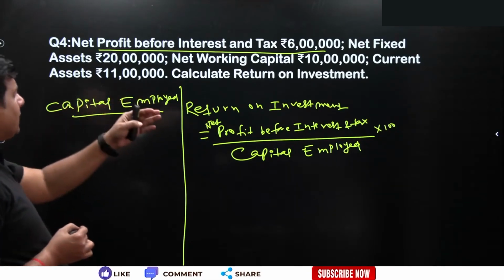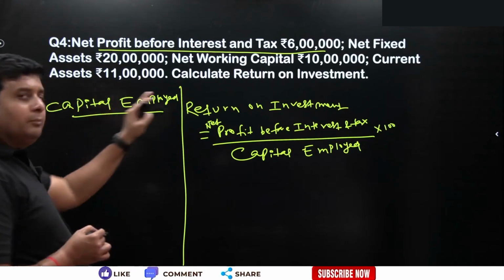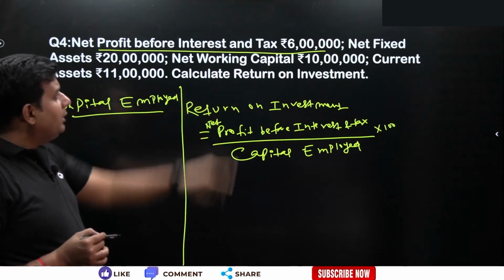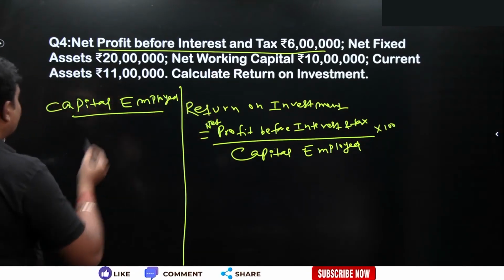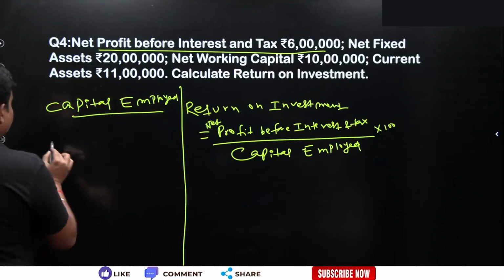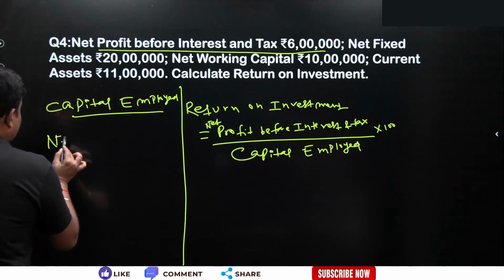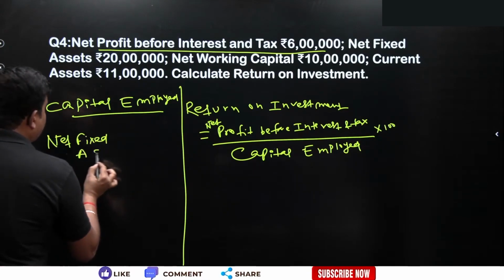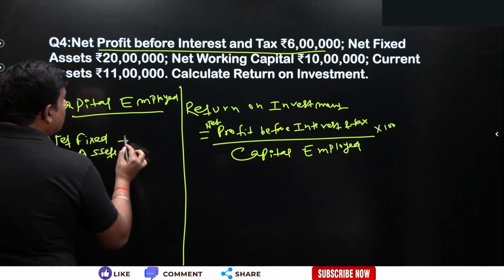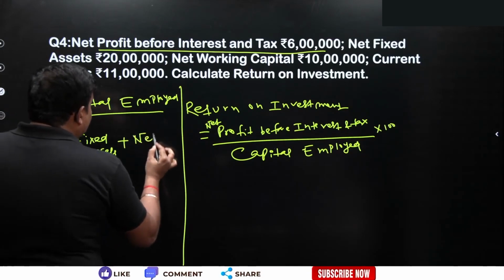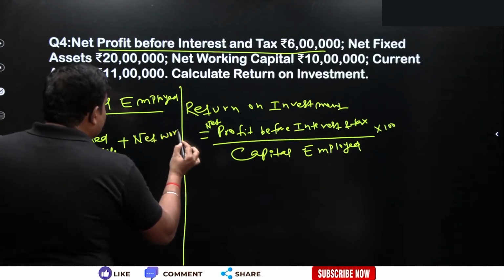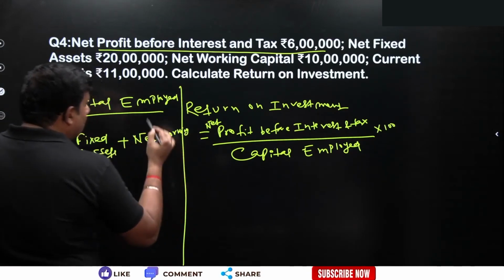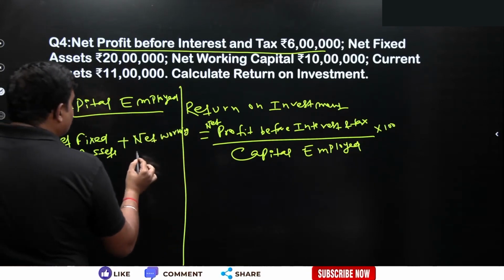When net fixed asset is given and nothing else is mentioned, by default we can consider it as non-current assets only. So net fixed assets plus net working capital. Net working capital is the difference between current assets minus current liabilities.